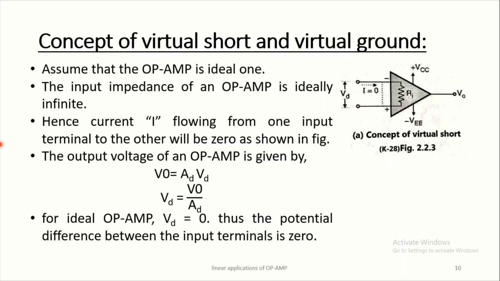In other words, they are virtually short circuited. Here, if the op-amp is ideal, Ri is infinity, therefore current flowing into this terminal is 0. Therefore, current flowing into both terminals is 0, therefore both these terminals are at the same potential. It is called a virtual short.